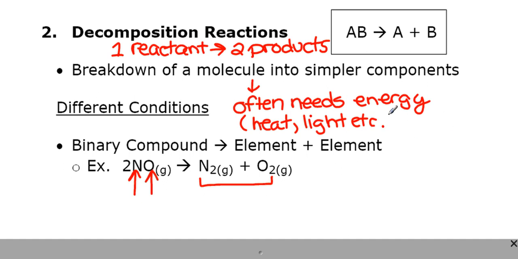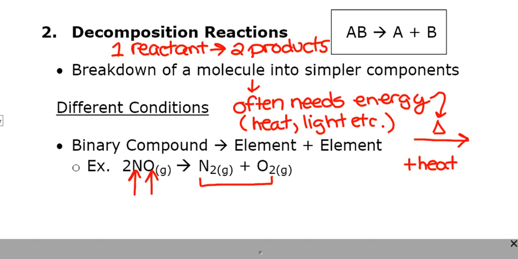And to show that, sometimes what you'll see over the arrow for reactions is a triangle, and that means that there's heat or energy involved. Or sometimes they'll even use plus heat as part of the equation over with the reactants. So sometimes you'll see that in there, but if it's not included, it probably is required for that to happen. It's not going to generally happen on its own for a lot of the cases.